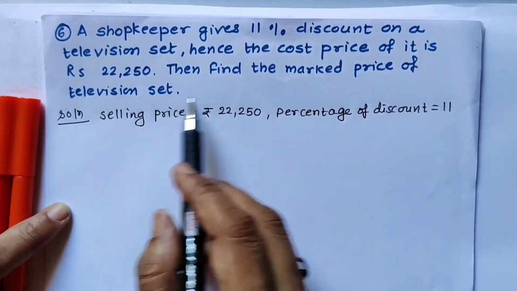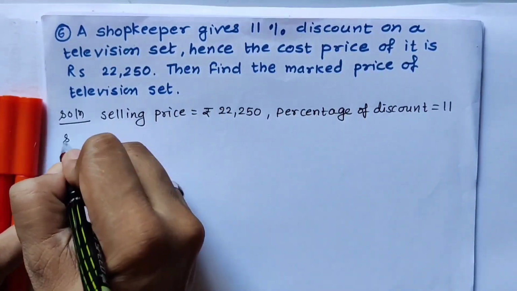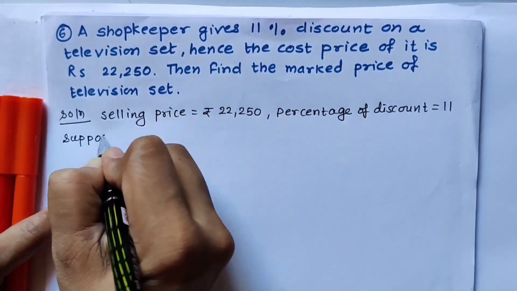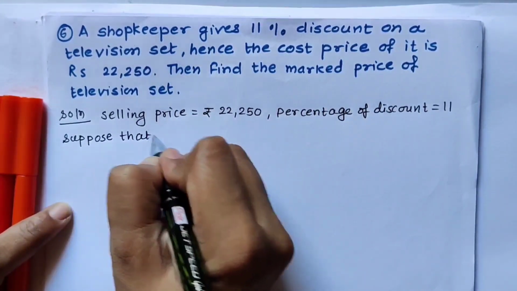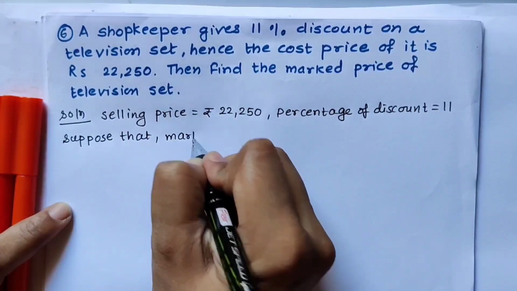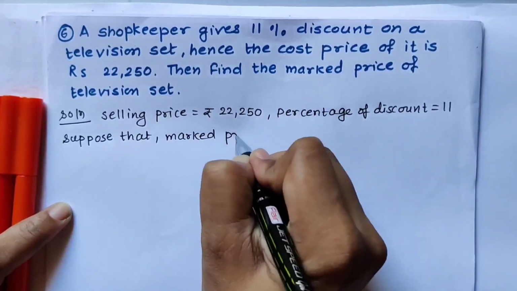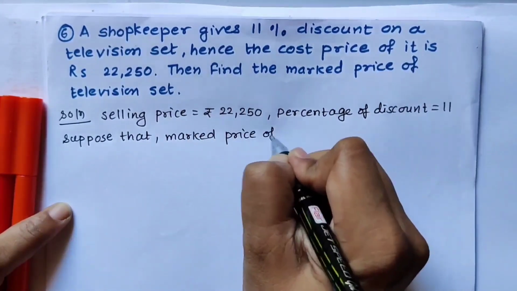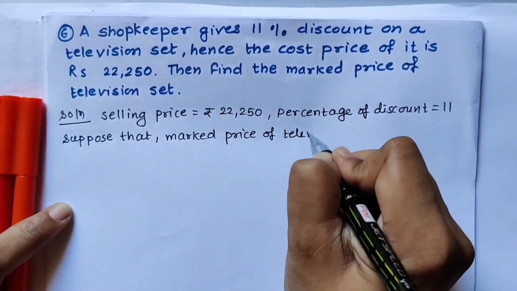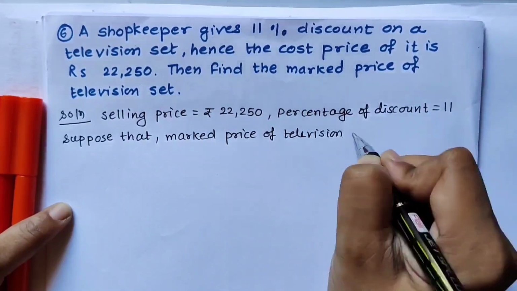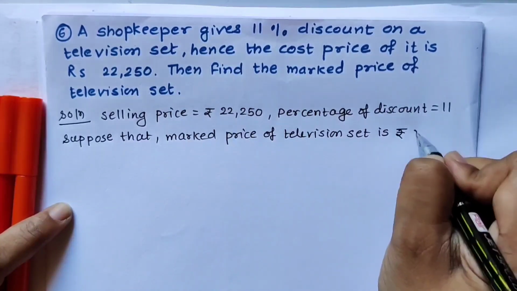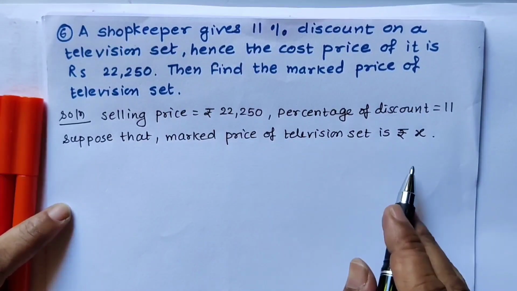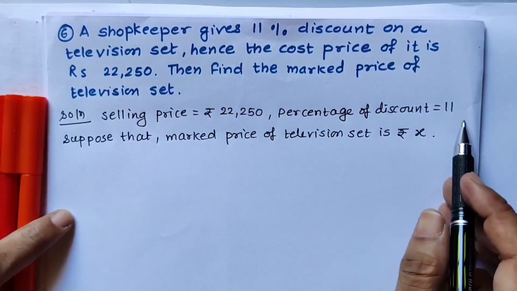Now see children, as the mark price is not given, what we have to do? We have to imagine that the mark price is rupees X. So we write, suppose that the mark price of the television set is rupees X.